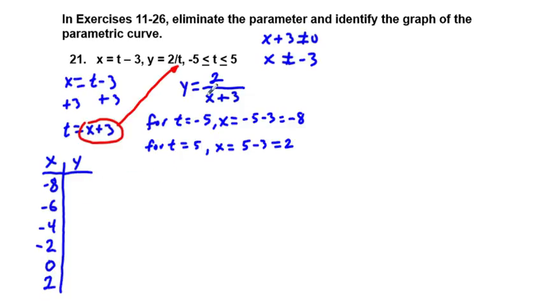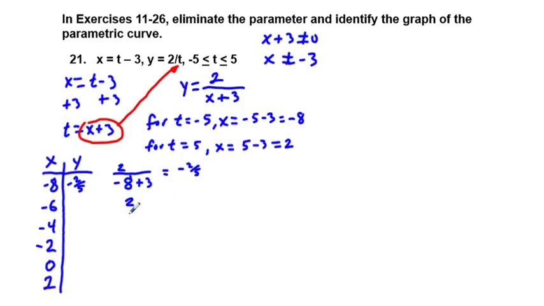If we substitute in for x equals negative 8, we're going to have 2 over negative 8 plus 3, which equals negative 2/5. So I'll put negative 2/5 up here next to that negative 8.